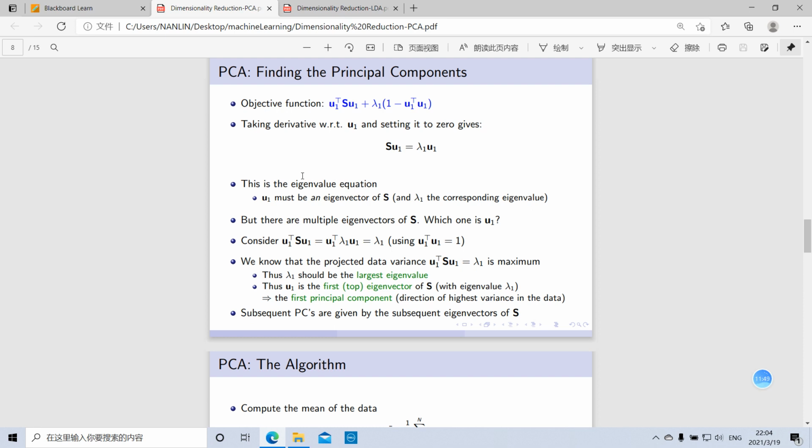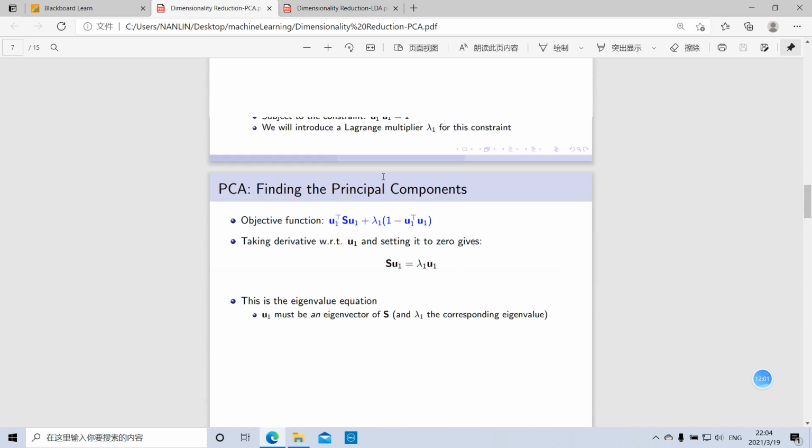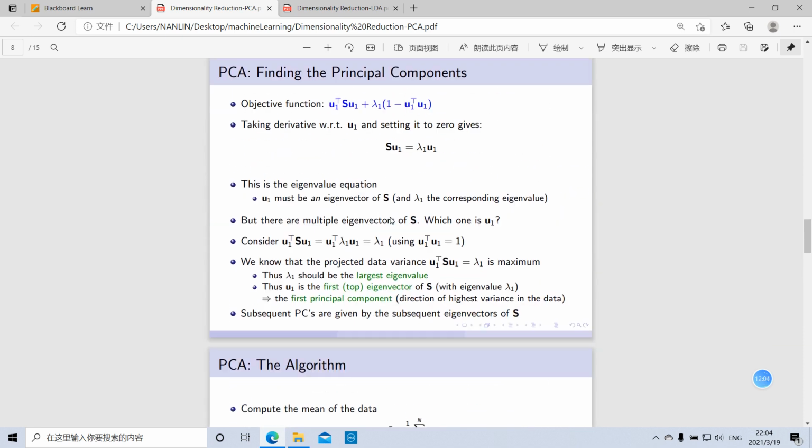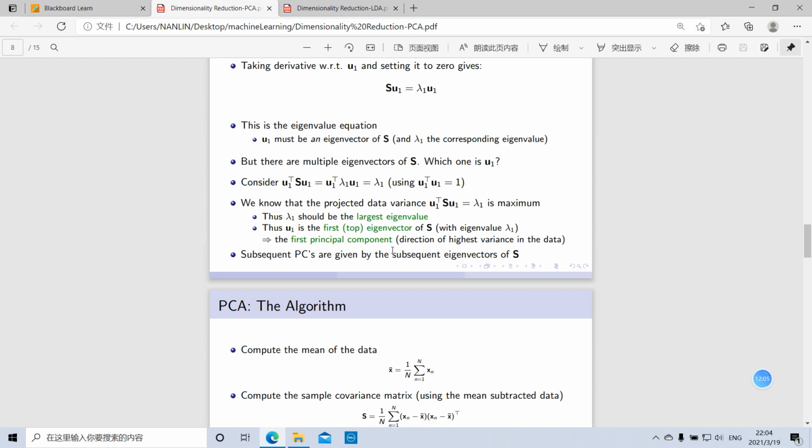So consider this formula. If we set this constraint equal to 1, the relationship is 90 degrees, so equivalent, this is the constraint we defined previously. So the multiplier should be the largest eigenvalue, because U1 will maximize the value of the variance.